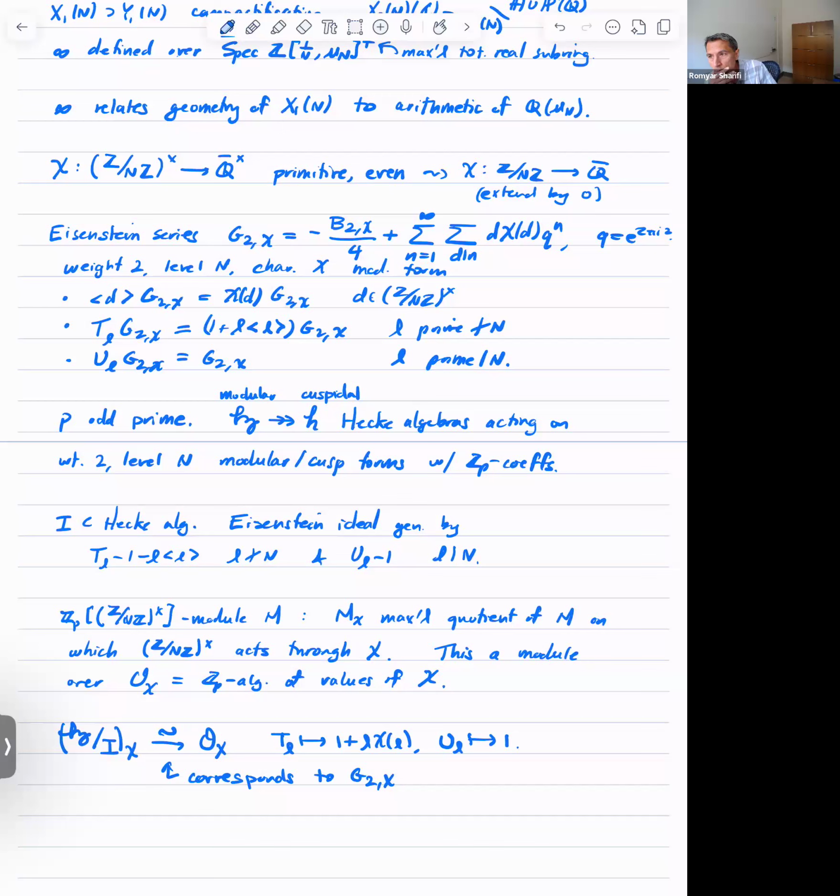And it's congruent... actually, let's say chi were like omega to the k minus 2, where omega is like a Teichmüller character or something, then this thing is congruent mod p to the kth Bernoulli number, which is some number in Q. But for k not 0 mod p minus 1, it's actually integral at p, and so you can reduce it mod p, or I mean, you can talk about whether p divides it, and p divides it if and only if there's a congruence between this Eisenstein series and a cusp form.